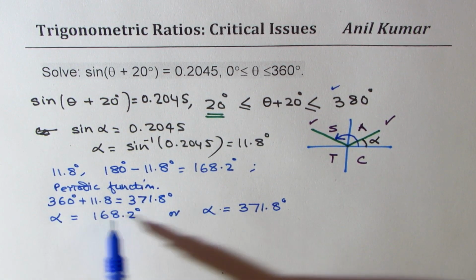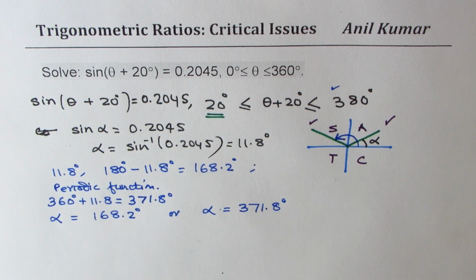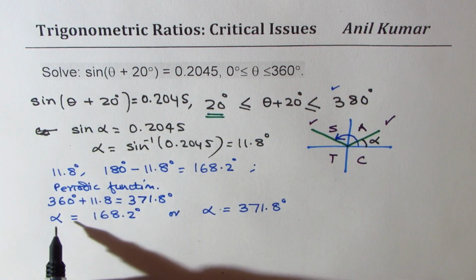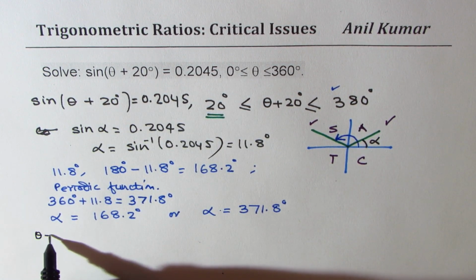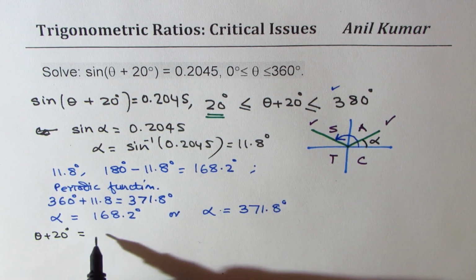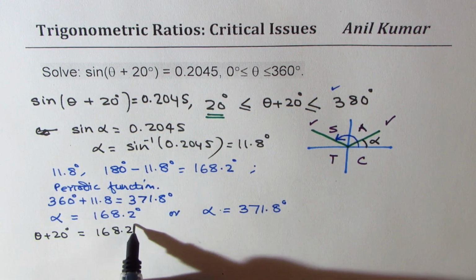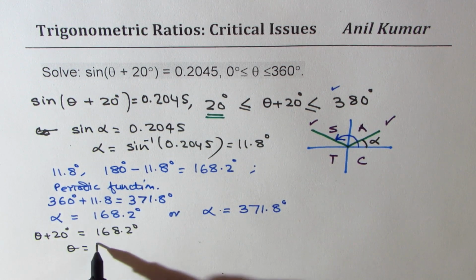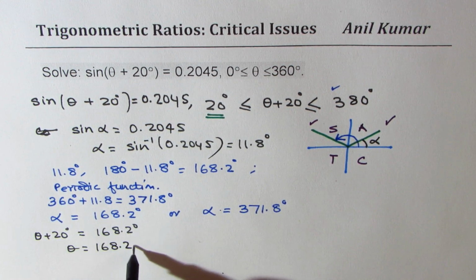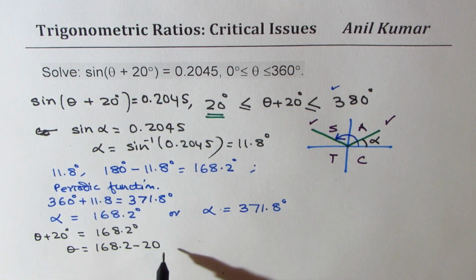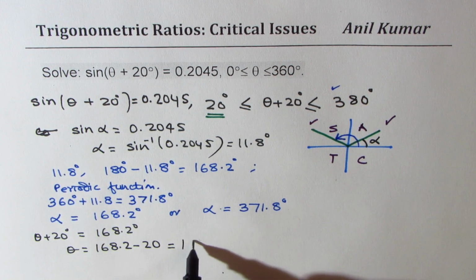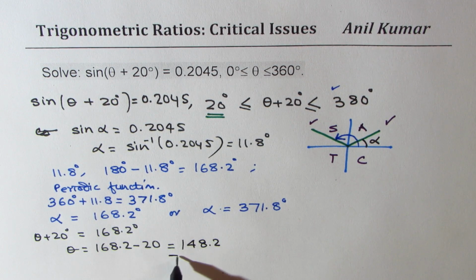Now what is this angle alpha we're talking about? It is indeed theta plus 20. So let's replace this: theta plus 20 degrees equals 168.2 degrees, and so theta equals 168.2 minus 20, and that gives you the first answer, which is 148.2, and rounding to whole numbers, 148 degrees. Perfect.